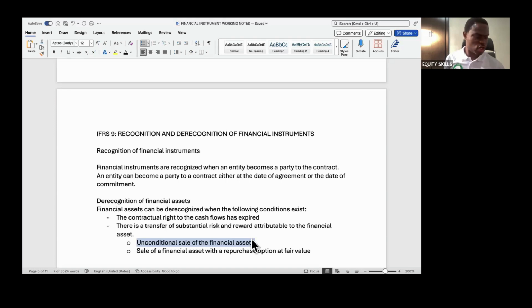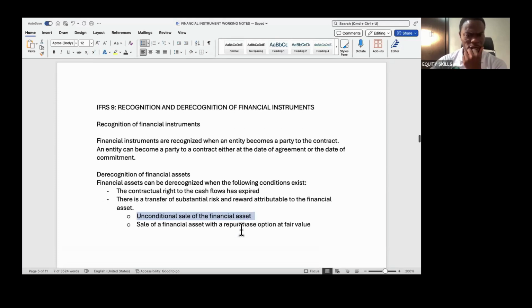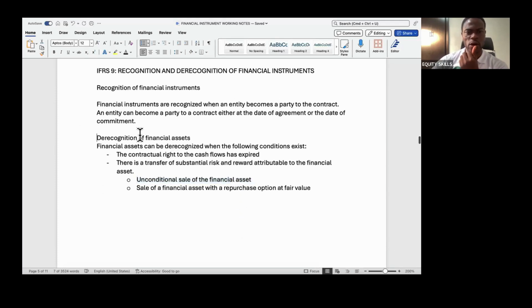We believe it's not objective enough to say that we want to separate it from the selling itself, and we believe they are the same. So you have not actually sold, but here you have sold when you sell, and you can repurchase at fair value. So they are different. So we focus on the sale that you have actually made. Okay, so that's for the recognition of a financial asset.